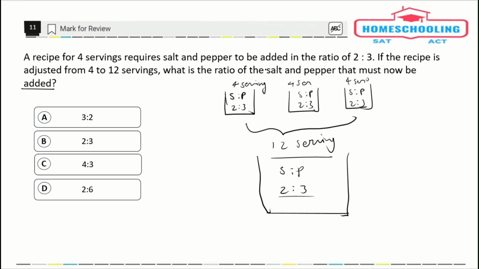I think you're getting it, because all these servings have the same ratio. So the ratio would still be 2:3.